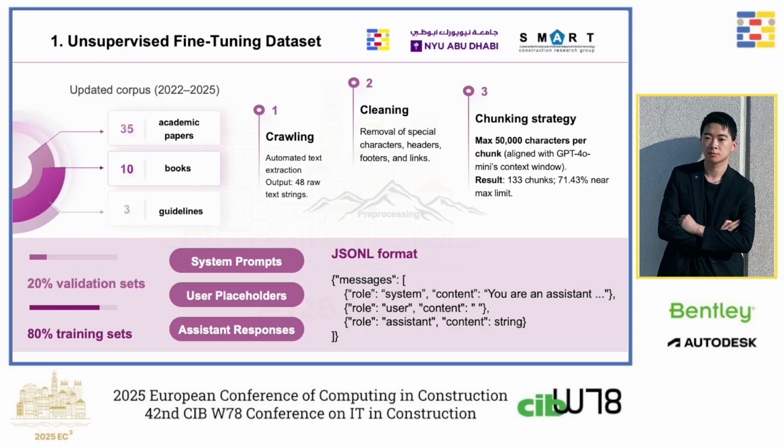For stage 1, the unsupervised fine-tuning process, we collected 48 up-to-date documents, which include papers, books, and guidelines, published between 2022 and 2025. This ensures our model learns from the latest threat landscape. Critically, we process this data into 133 contextual text chunks, each capped at less than 50,000 characters.